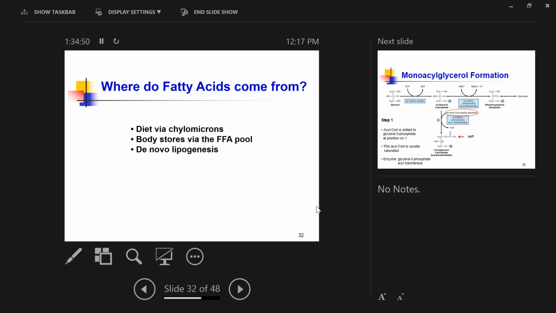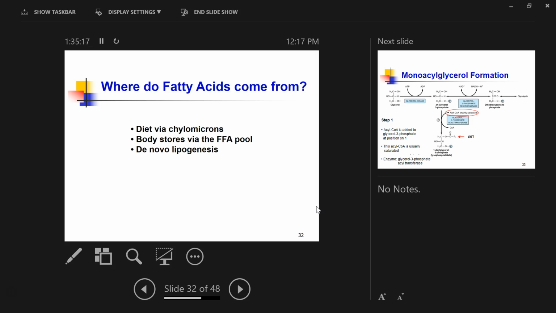And second, de novo lipogenesis, remember, right? We eat not only fat, but also carbohydrate and protein, and extra carbohydrate and protein can be converted to fat by lipogenesis in the liver, right? So this can also contribute fatty acids for triglyceride synthesis.